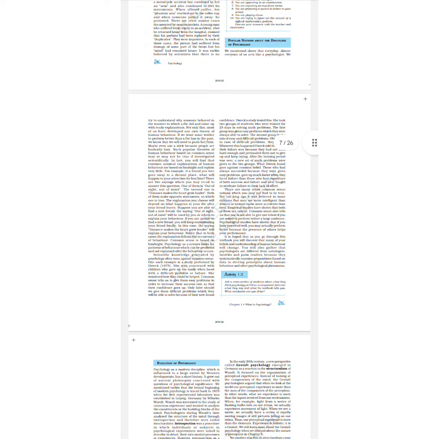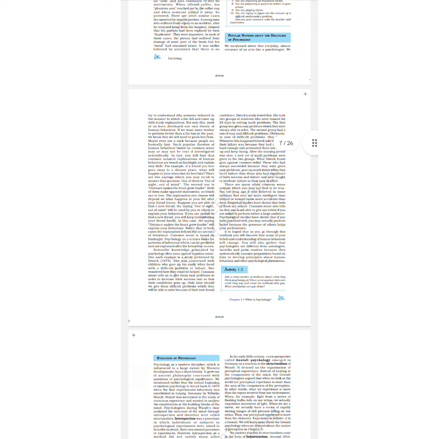But the psychologist found otherwise. He did the study, and you can read through the text. He took two groups: to one group he gave easy problems, to the other group he gave a mixed bag, that is, easy and difficult.